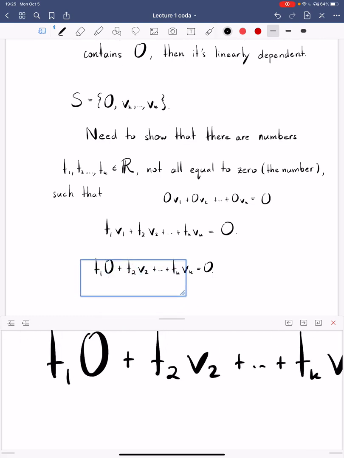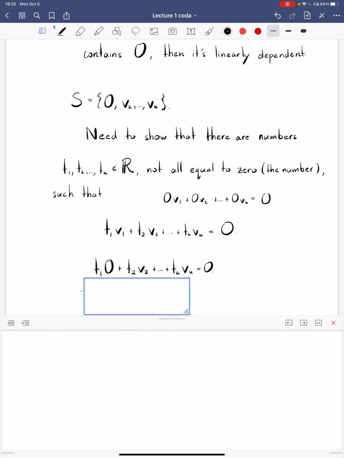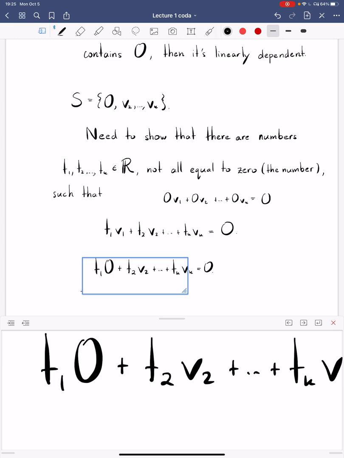How can I accomplish this without taking t1, t2, all of them to be equal to 0? Well, I know something about the vector 0: if I scale it by any real number at all, I'll get the zero vector back.